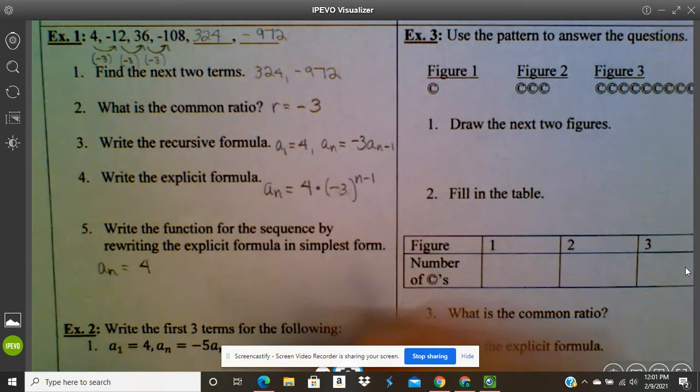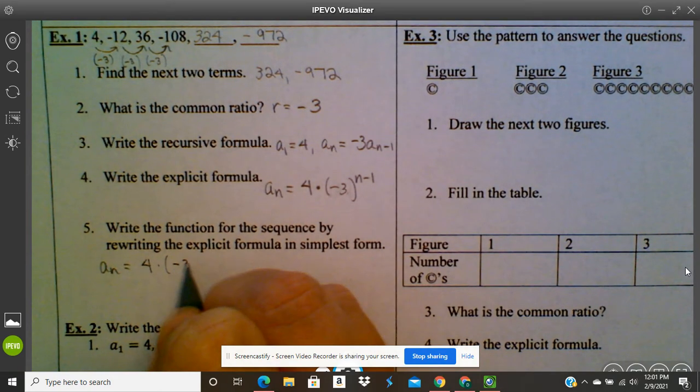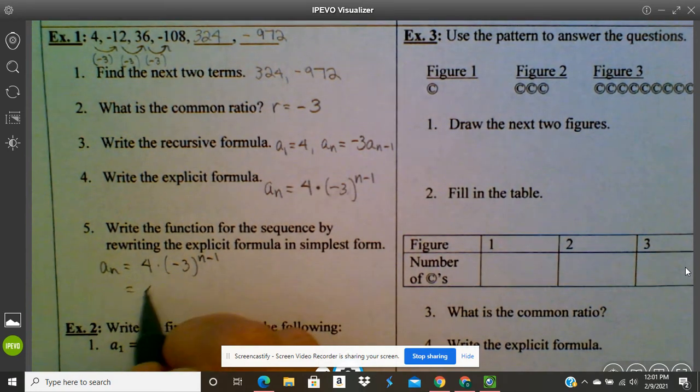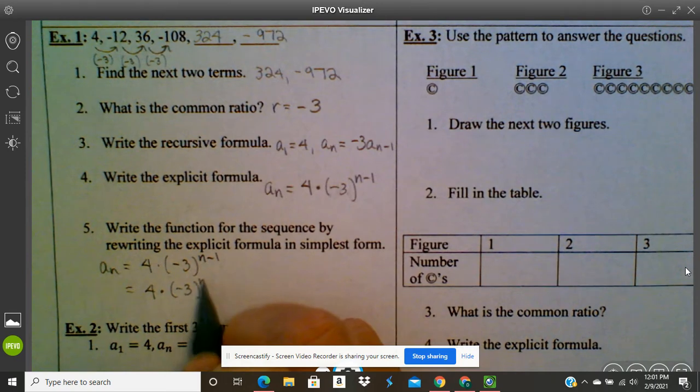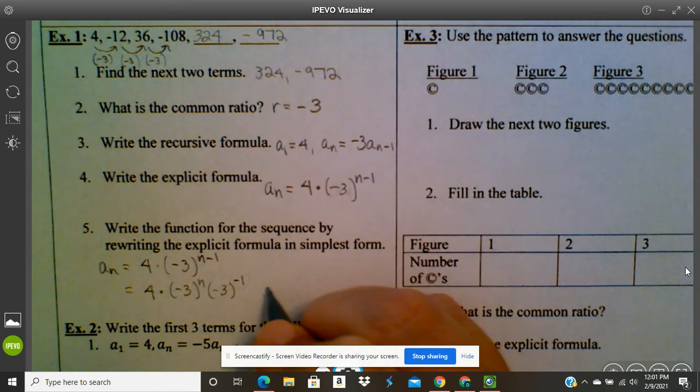So we're going to rely on 8th grade math where you learned about negative exponents. The first thing I'm going to do here is expand this value. So this is really negative 3 to the n times negative 3 to the negative 1. And remember with your negative exponent, that's where you turn this into a fraction.